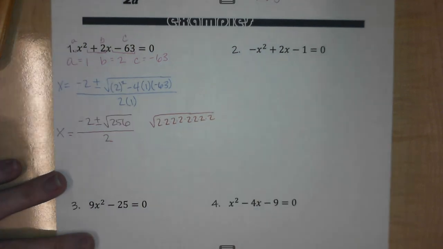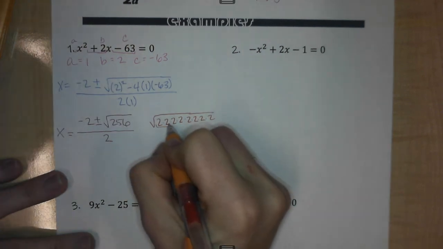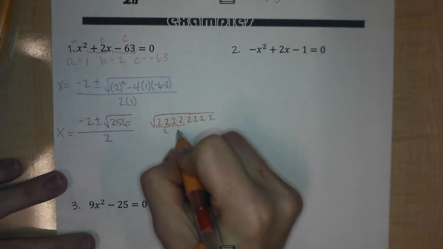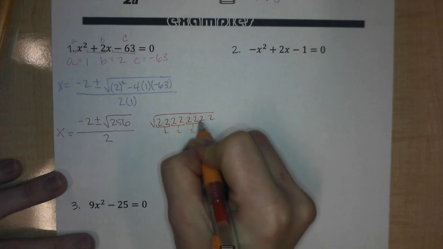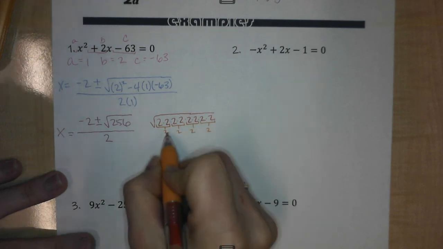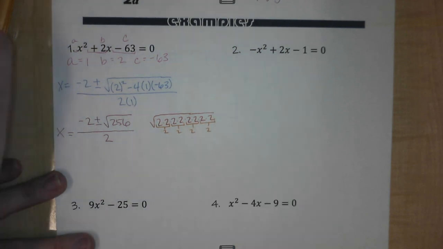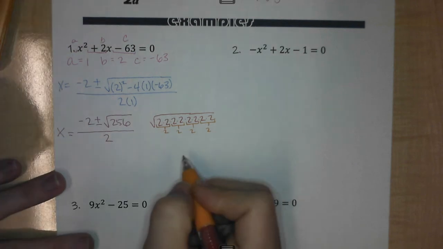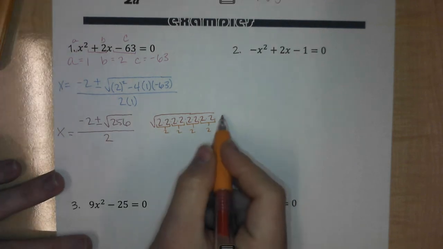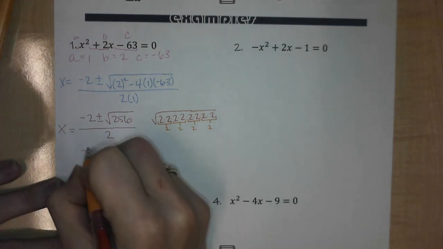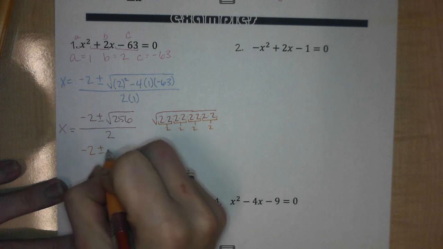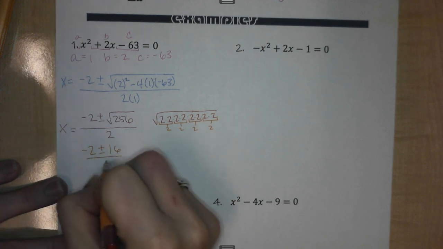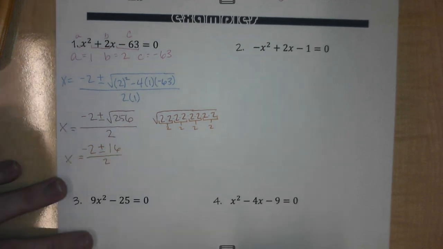And we're pulling out pairs. We've got 2, 2, 2, and 2. So we've got 2 times 2 times 2 times 2, and that is 16 with nothing left over. So we've got negative 2 plus or minus 16, all over 2.